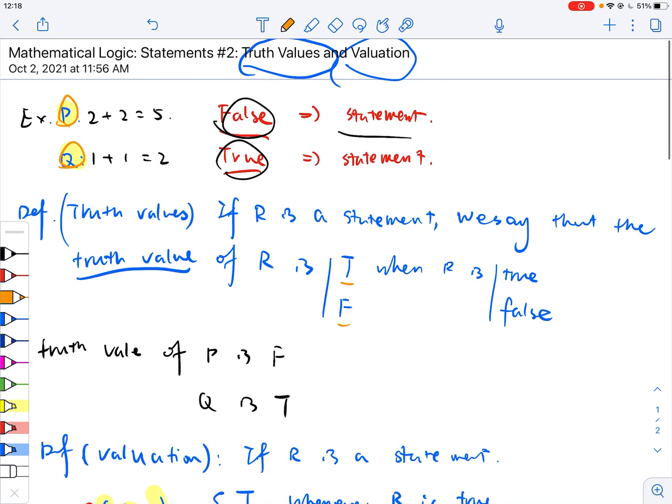So that's that for today. Let's review the most important points from today's video again. The first most important thing is the truth values, which can be thought of as a more convenient way of saying a statement is true or false.